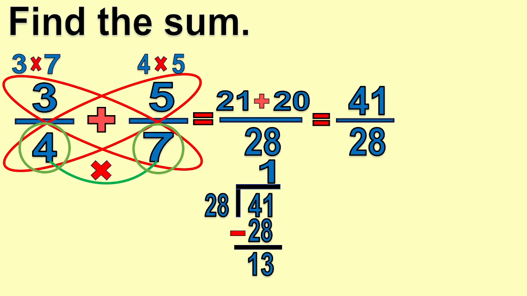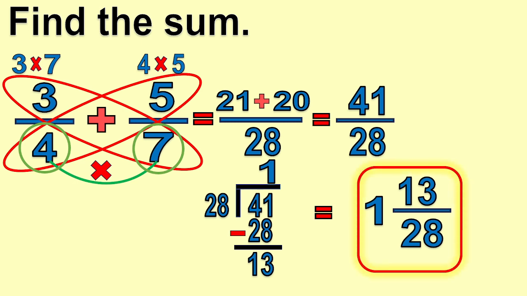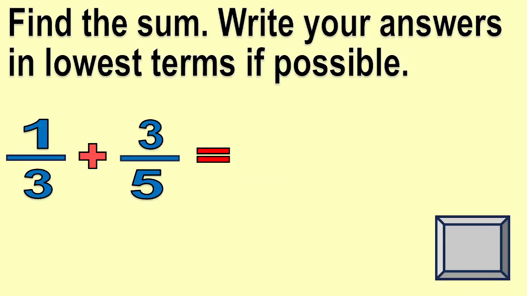So the quotient 1 will be our whole number. The remainder becomes the new numerator. Then the denominator remains the same. Copy the denominator 28. So our final answer is 1 and 13/28.